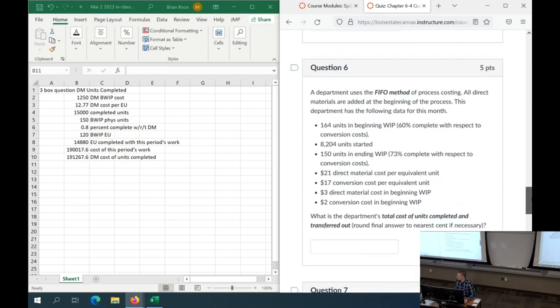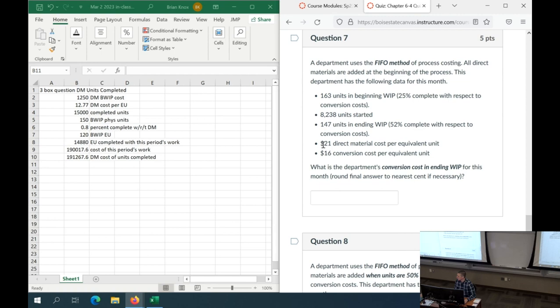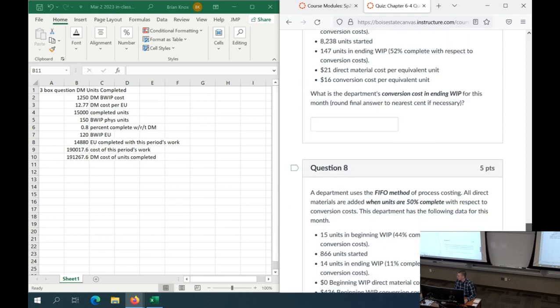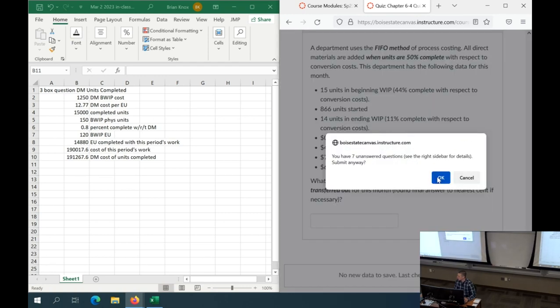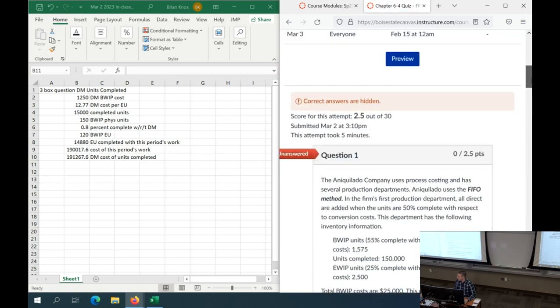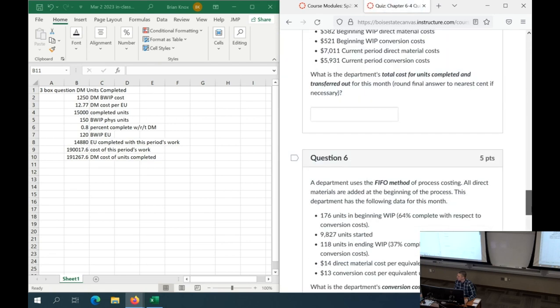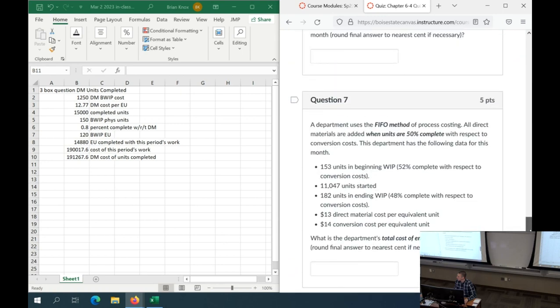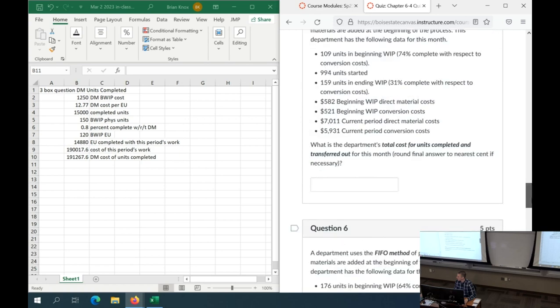Okay. Let's try and find a conversion cost in ending WIP. Oh, here's one. Does yours provide the rates? Okay, let's try and find one that matches yours a little bit better. The 3 boxes one, right? Yeah, there it is. I'm getting a lot of rate provided ones.